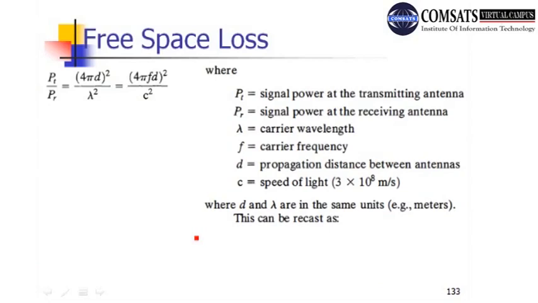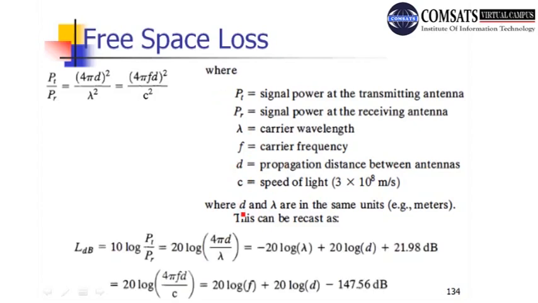So here we are dealing with the free space loss. Pt is the power transmitted and Pr is the received power at the receiver side, and that is equal to (4 pi d) squared over lambda squared, where lambda is the carrier wavelength, f is the frequency, d is the propagation distance between the two antennas, transmitting antenna and receiving antenna, and c is the speed of light.